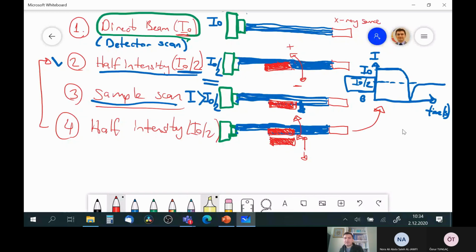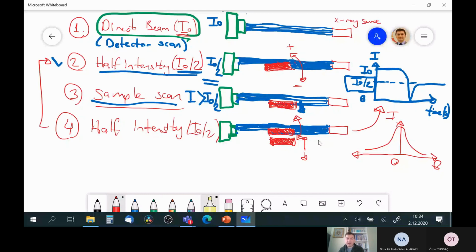If you get this type of behavior in the intensity versus theta graph, like this is the 0, then it means that the sample is exactly at 0 and it is perfectly parallel to the X-ray beam, and we have half intensity at the detector.